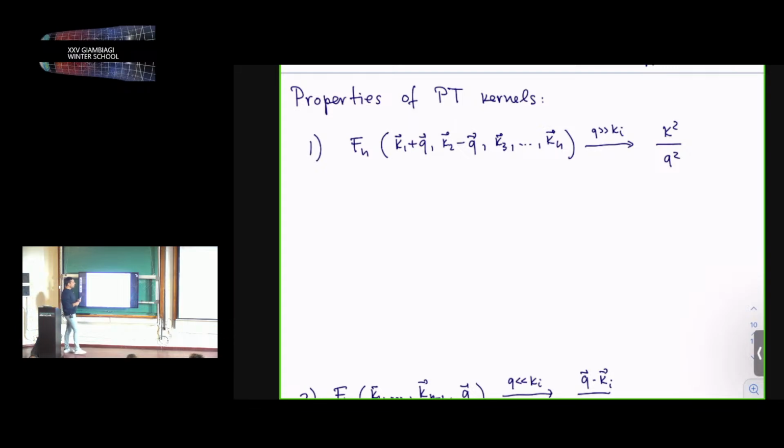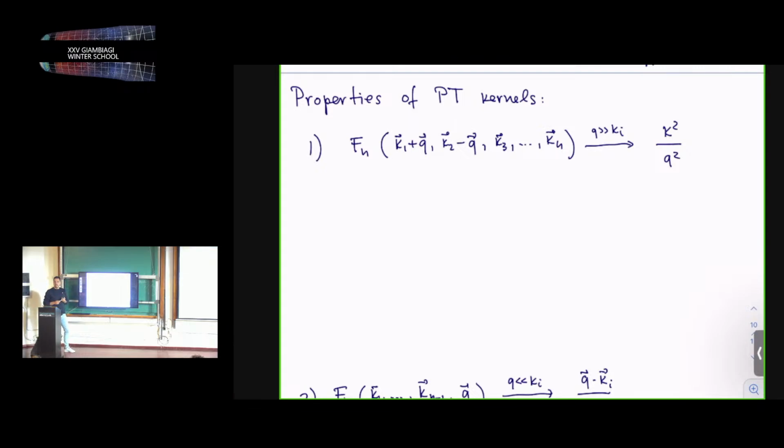So if you have this particular momentum configuration, where you have momenta k1 to kn, which are all of similar size, but then there is a momentum q, which is much bigger in magnitude than any of the k's, and of course, it appears with a plus and minus sign in this perturbation theory kernel, then these perturbation theory kernels scale like k squared over q squared in the limit when q is much bigger than k.